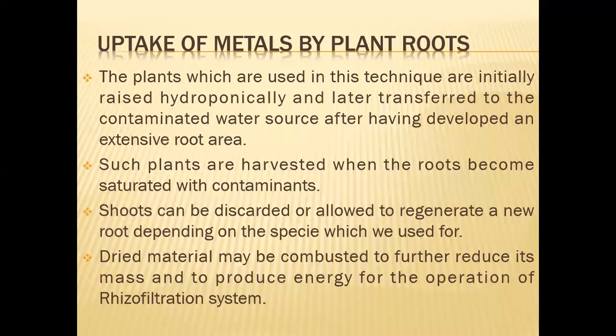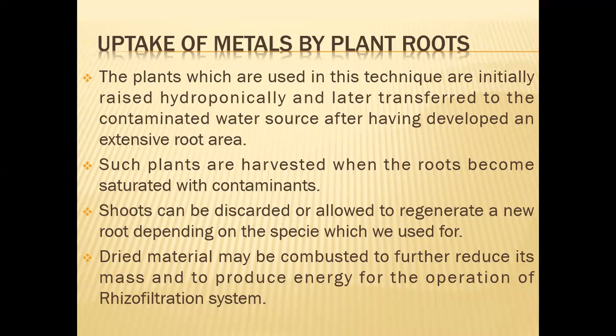Such plants are harvested when the roots become saturated with contaminants. Shoots can be discarded or allowed to regenerate a new root depending on the species which we used. Dried material may be combusted to further reduce its mass and to produce energy for the operation of the rhizofiltration system.